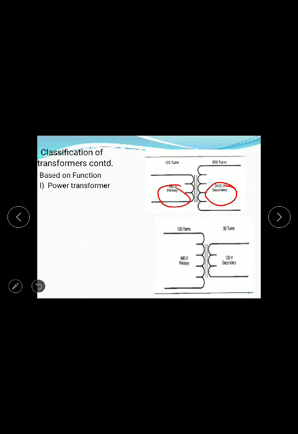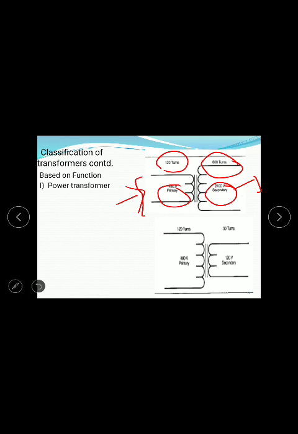The number of turns here is 120 and this one is 600 turns. The primary side is the supply with 120 turns, and this is the load side with 600 turns.